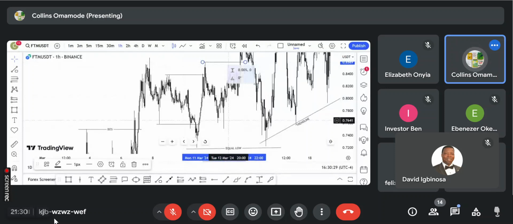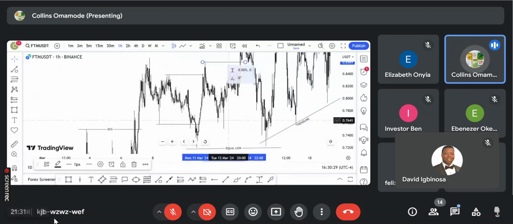price came down and created a liquidity, and this is the liquidity, structural liquidity.